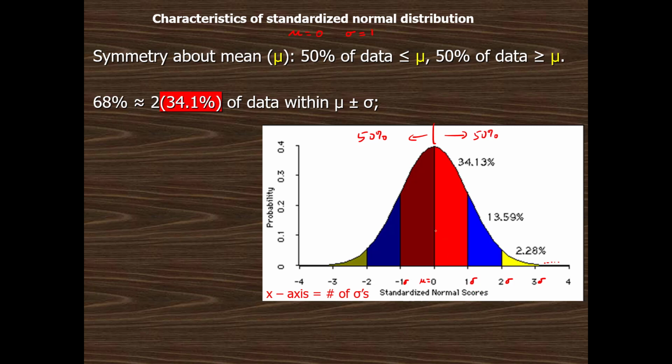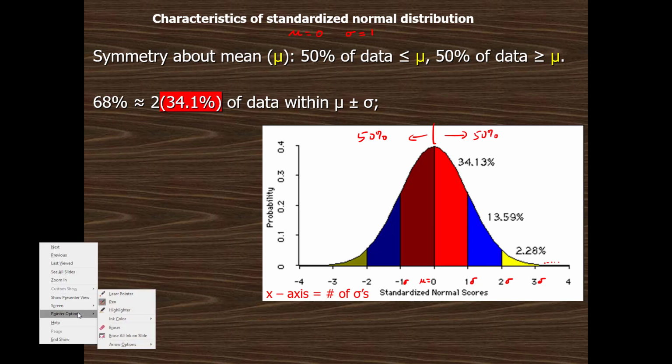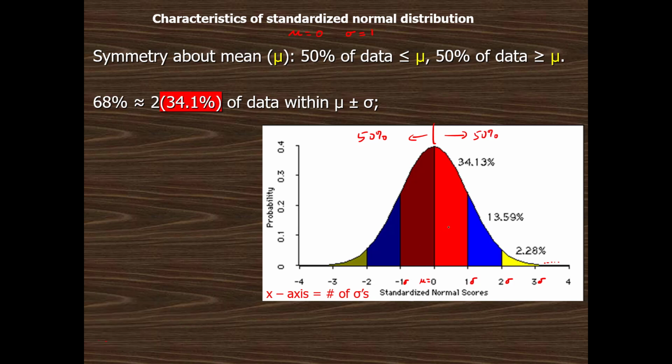So let me just change the ink color to black. Right? So this is 34%, as this indicates, and this is 34%.